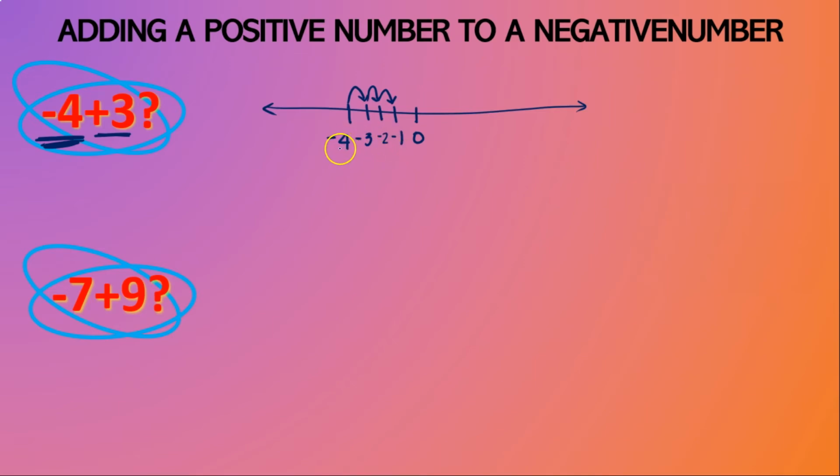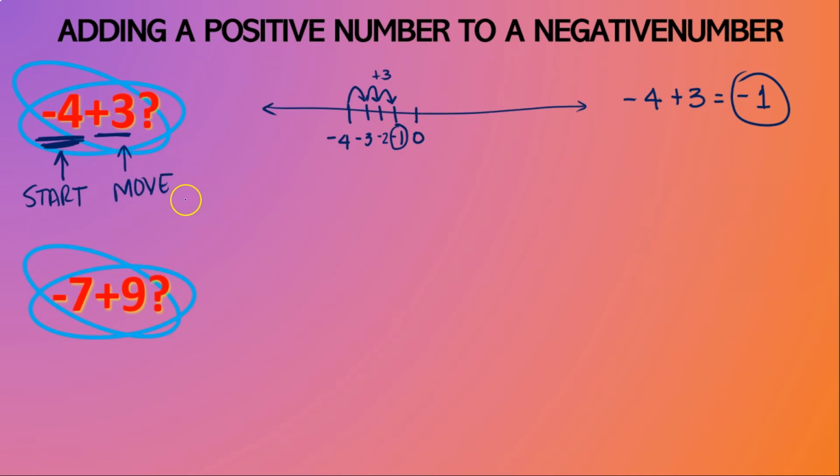So from -4 is going to go all the way to -1. That's why we know that whenever we have -4 and we add 3, the answer is going to be -1. So remember, we start here, we locate that point, and then we move. In this case, we move to the right because the number is positive.